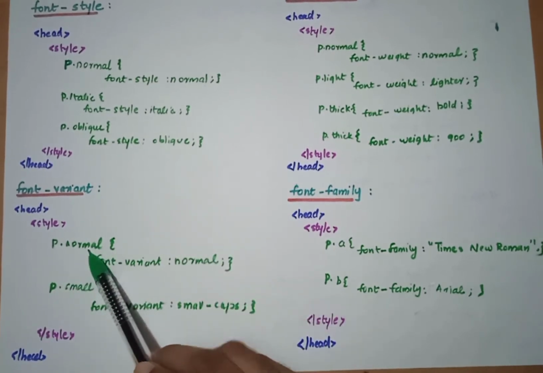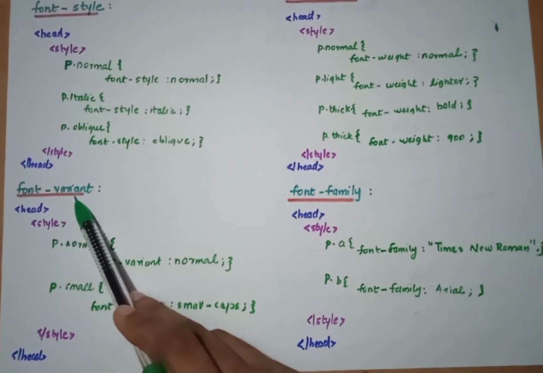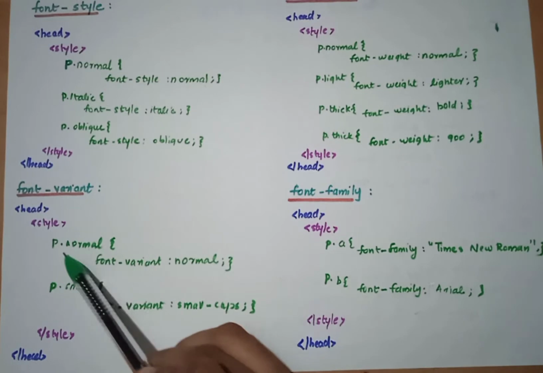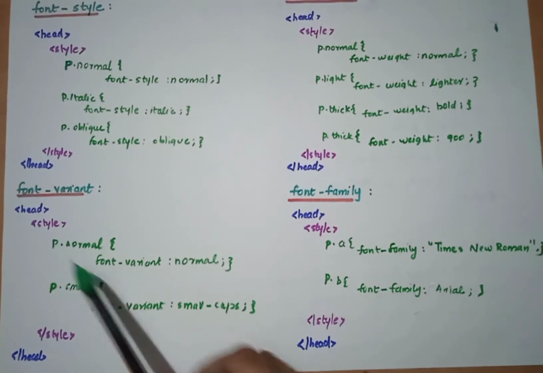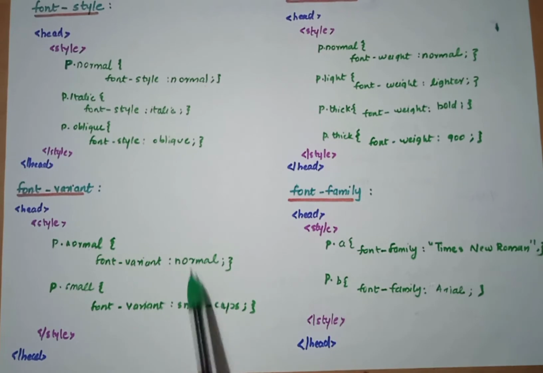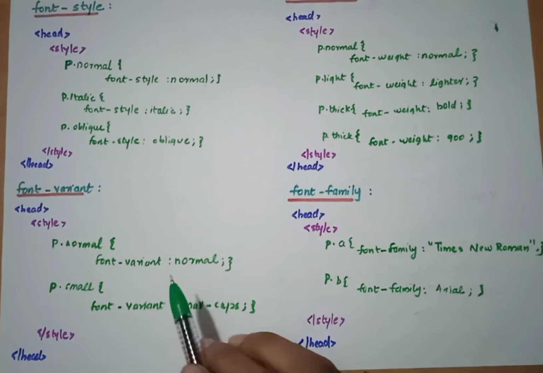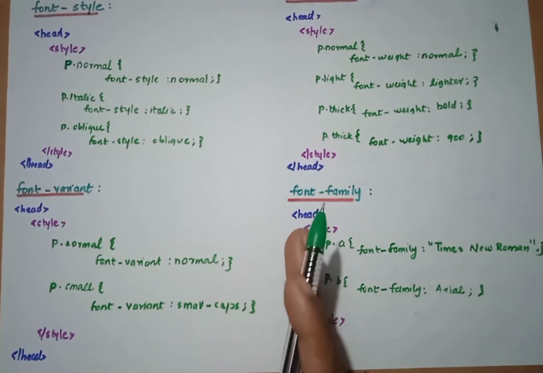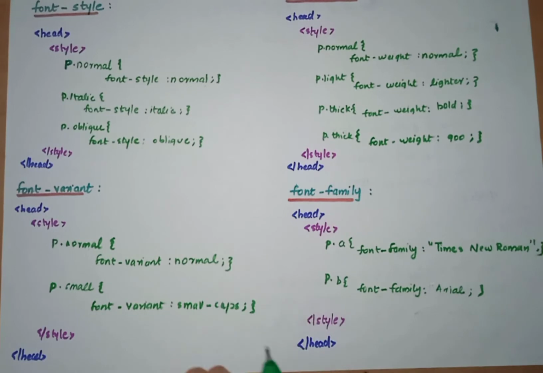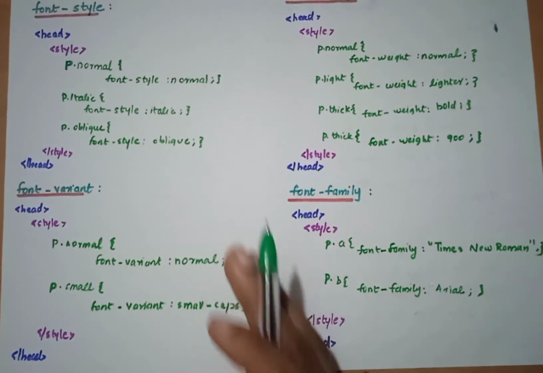So normal is also my class name, and here I am going to add this font variant property to my paragraph also. Font variant can have values such as normal, small caps, etc. That means font variant is actually the different variants that you can use inside the font. You can use the normal letters or caps letters or small letters or whatever.